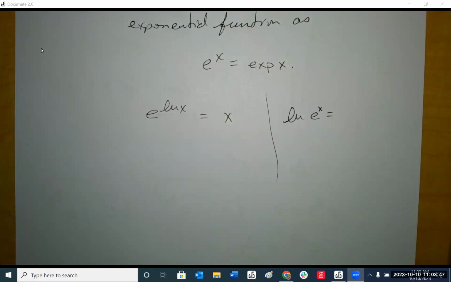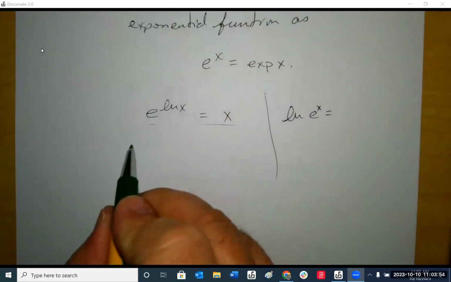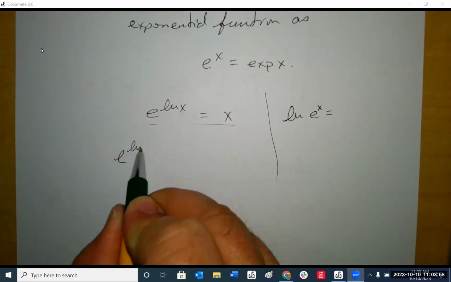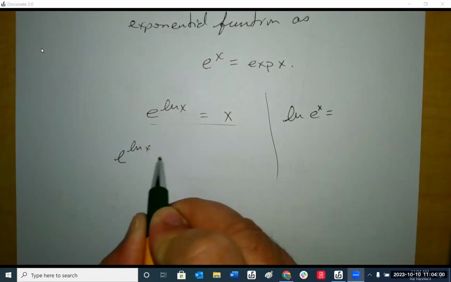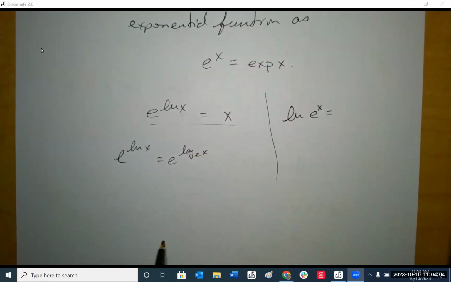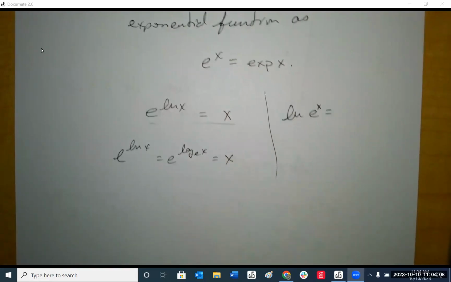That proves it for one number. Let's look at this as an answer. So we're saying that e to the ln x, which is e to the log base e of x, equals some number x.